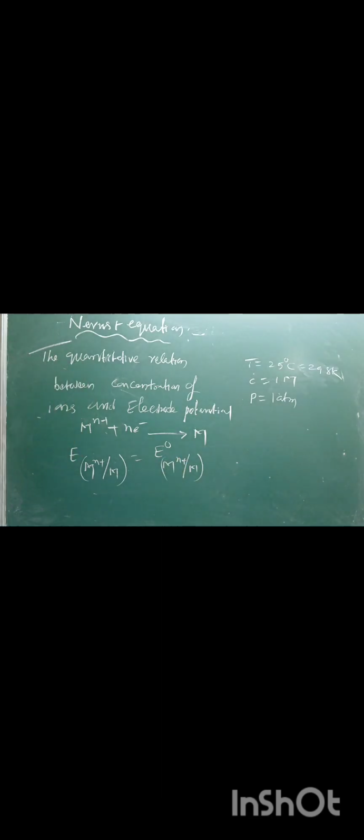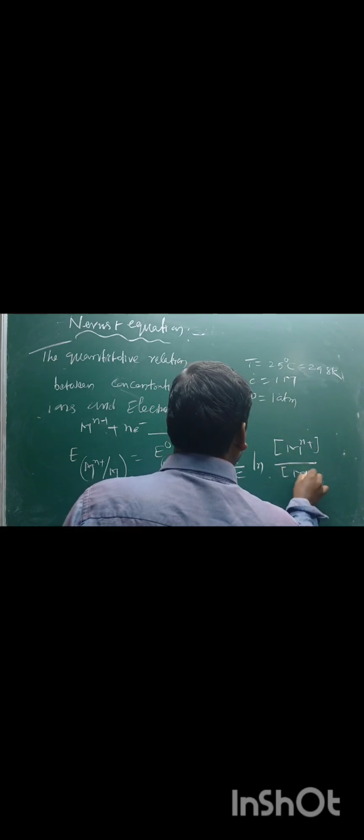Electrode potential of M n plus by M is equal to standard electrode potential of M n plus by M plus RT by nF ln concentration of reactant by concentration of product. This is one way.